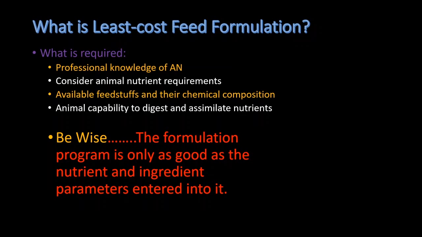Like wheat straw contains some protein, like 4% protein, but that protein is not available to the animal. Almost 100% of that protein is unavailable. The software cannot have an idea about that, so we have to be very careful while using the software and entering the data.